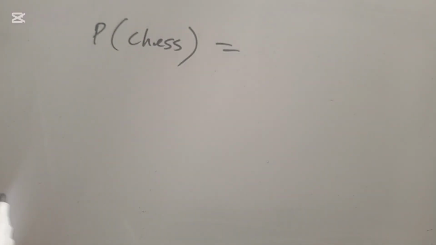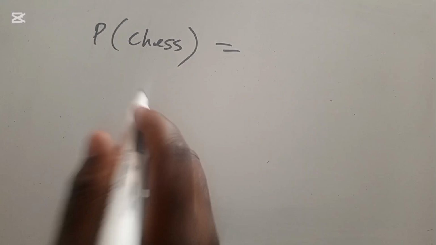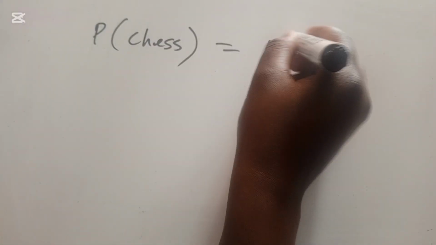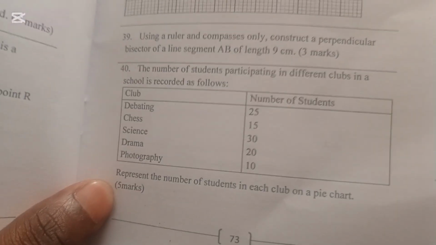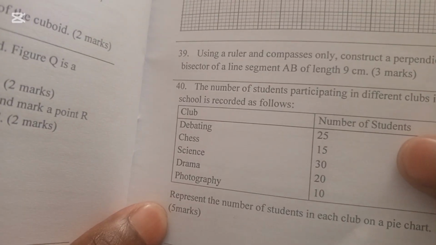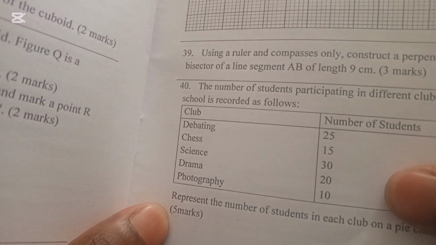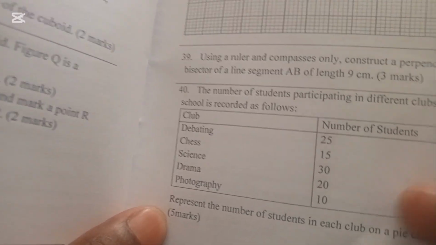The probability that the student is in chess club is the total number of students enrolled in chess, 15, over the total number of students in the school. You add 25 plus 15 is 40, plus 30 is 70, plus 20 is 90, plus 10, 100.